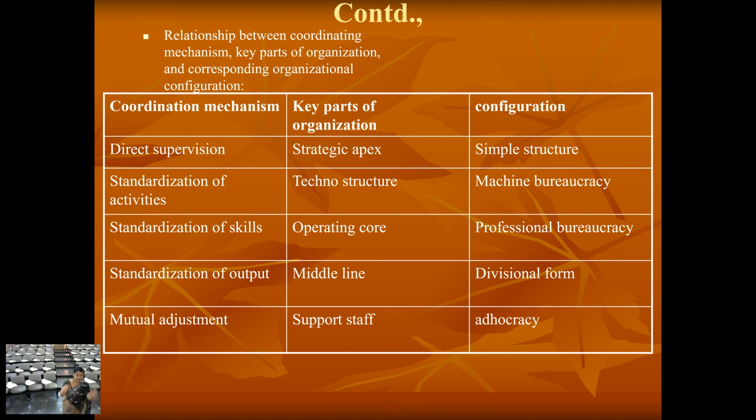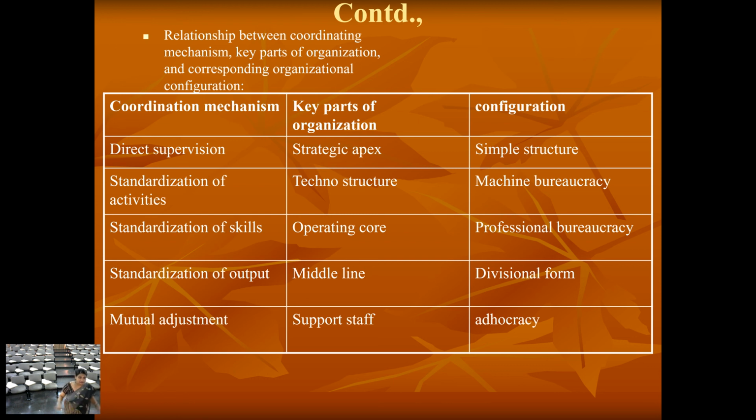And you can see this screen, how all these are connected. The 5 parts are put in the center, the key parts of the organization. Then the coordination mechanisms I put here. See, direct supervision is there, strategic apex is there, simple structure, small organization, top level management only doing everything. Standardization of activities is there, lot of technology is there, machine bureaucracy.